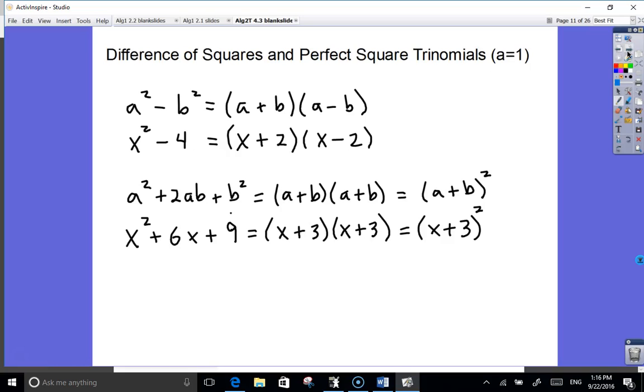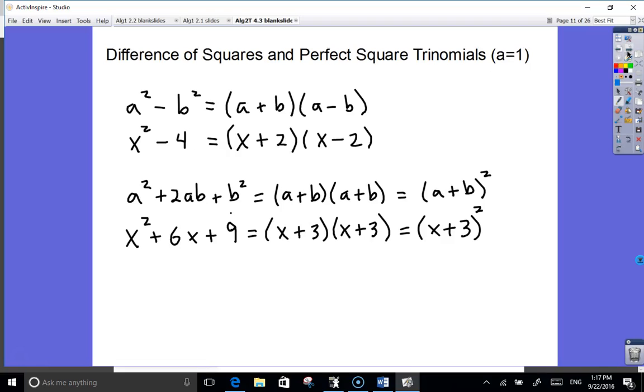And then it has to be two quantities that are being squared. Like in this case, x squared minus 4 is actually x squared minus 2 squared. So x is being squared and 2 is being squared. According to the formula, a squared minus b squared is a plus b times a minus b.